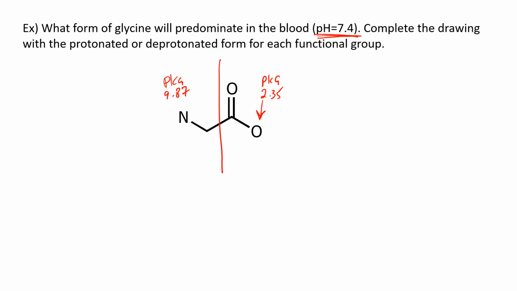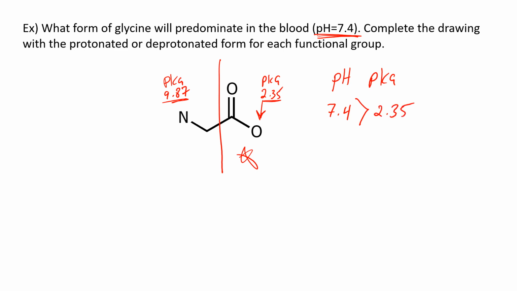So let's break the molecule in half. Let's focus here on the carboxylate. That was given in the previous example. So we're going to compare the pH to the pKa. So here's your pH. 7.4 is greater than 2.35.